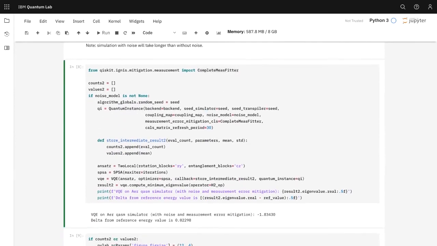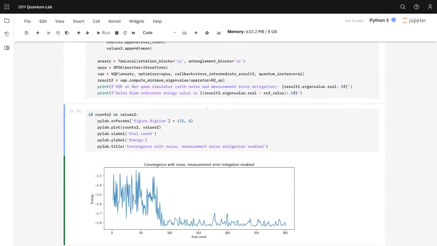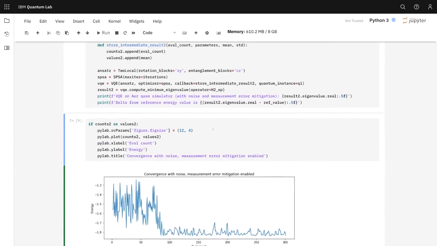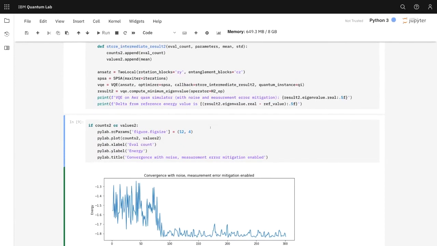And now, if you run this, it should give you a better value than we got in the previous cell, where we only did it with noise and no error mitigation.